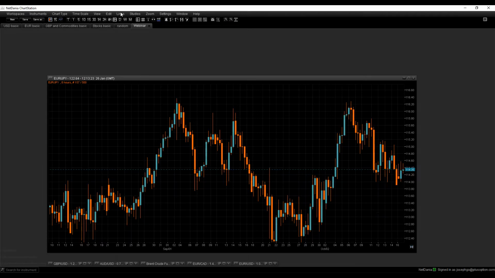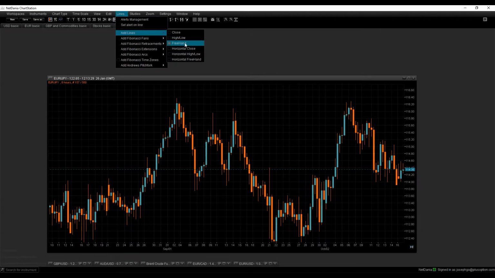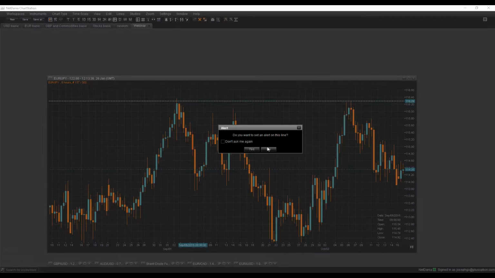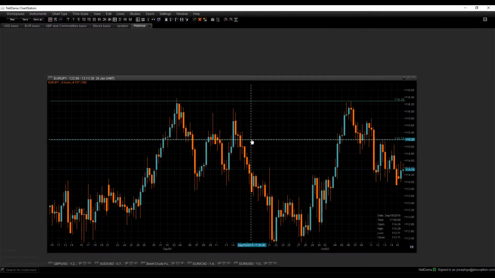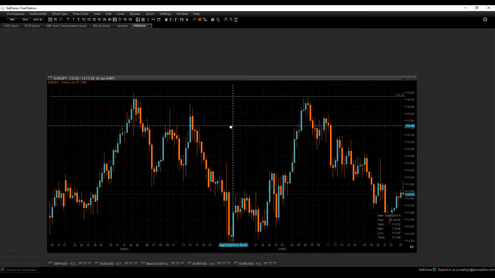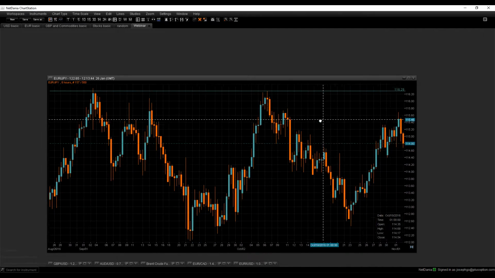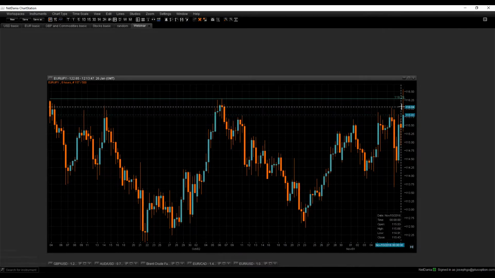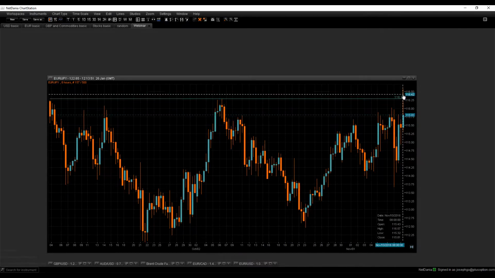So let's go ahead and draw us another resistance line. So once again, we are going to watch this line, see if the price comes close to it. Okay. So here we would have a breakthrough.